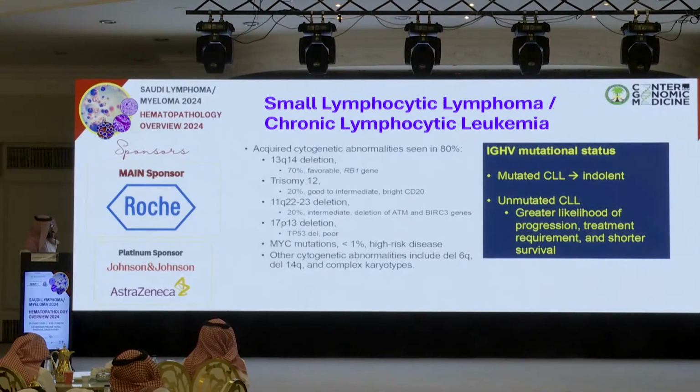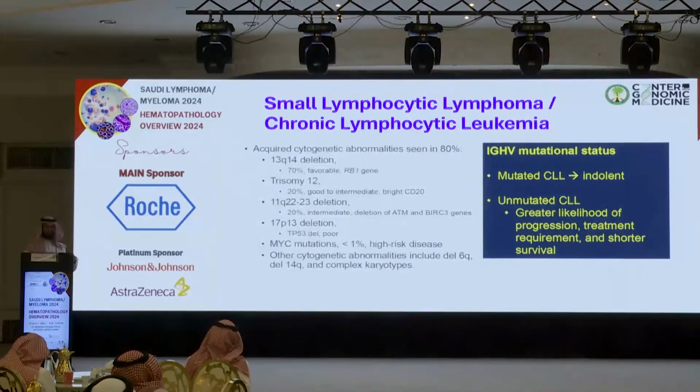Also, complex karyotype can be seen. The most important thing for us is to do IGHV mutation status. It is now part of management for every patient with CLL, SLL. It's recommended. Mutated CLL is associated with indolent behavior. By mutated, we mean that the score is 97 and below.